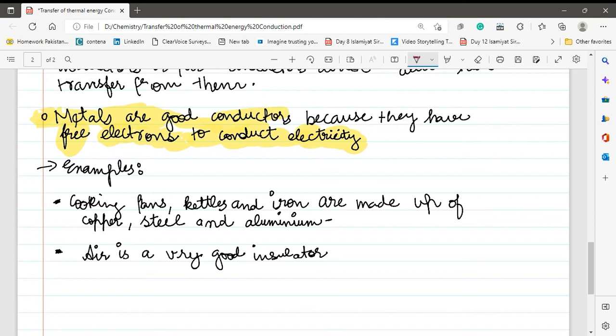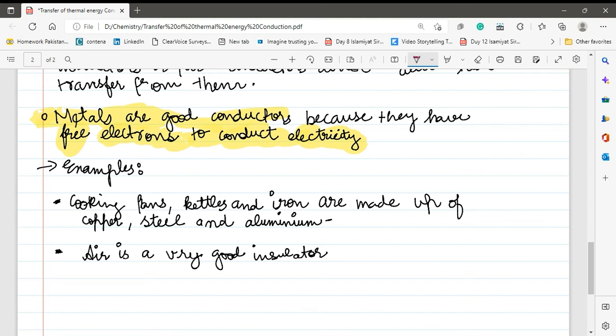They fill their fur with air, and air behaves as an insulator and protects them from the cold. So this is how air behaves as a very good insulator, and it helps to keep the temperature of the body warm inside.